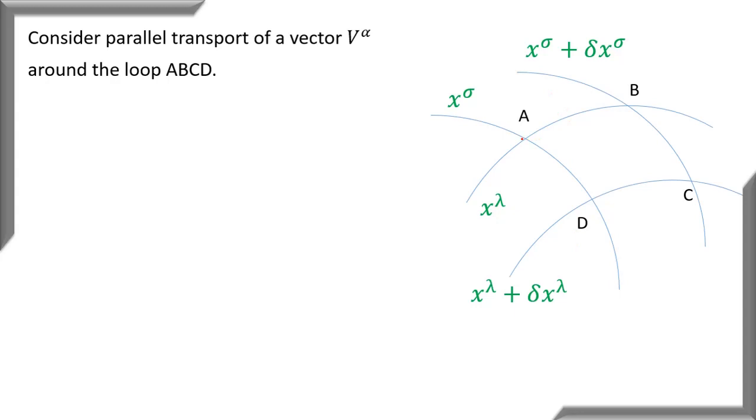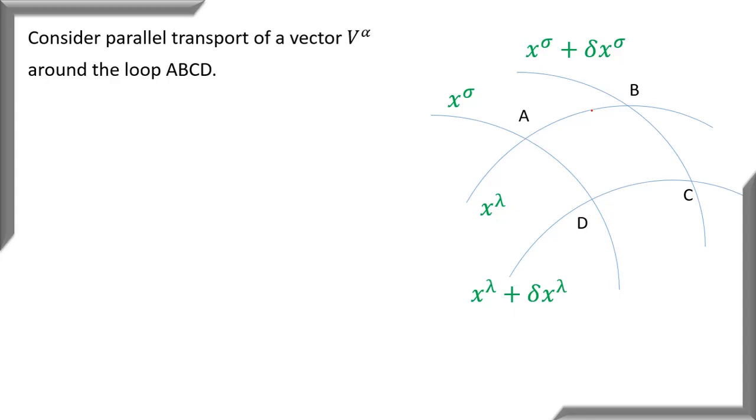Now let me parallel transport any vector from A to B to C to D and back to A, and calculate the difference between these vectors, the initial vector and the parallel transported vector, and try to quantify the nature of curvature of the field which I am trying to deal with.